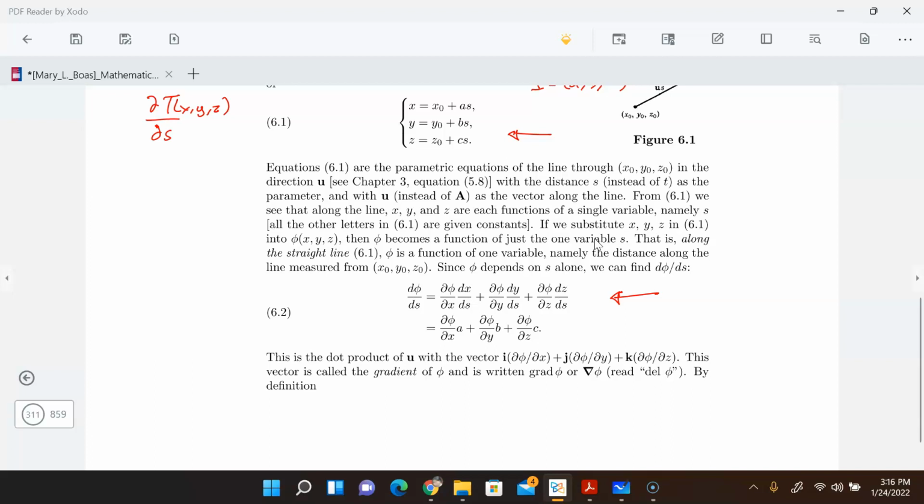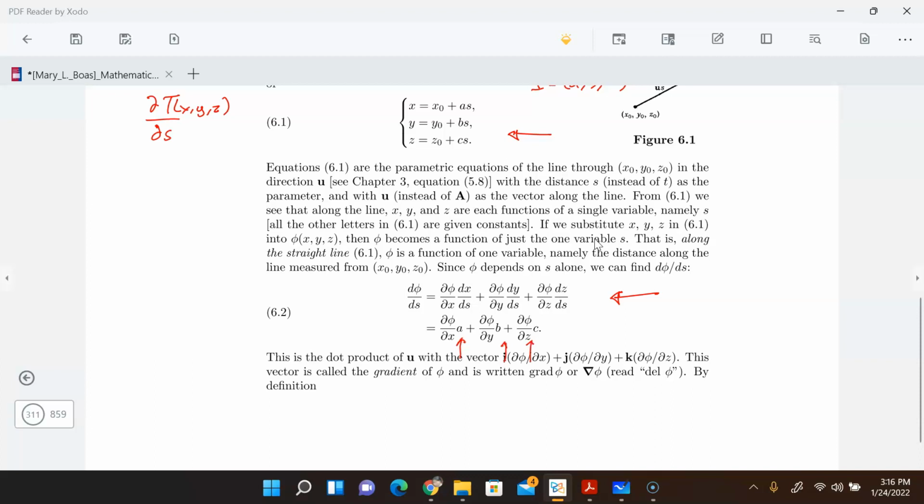So you have d phi ds equals, by the chain rule, partial phi partial x dx ds, partial phi partial y dy ds, partial phi partial z dz ds, and your dx ds, dy ds, dz ds are given by the components of your vector u.